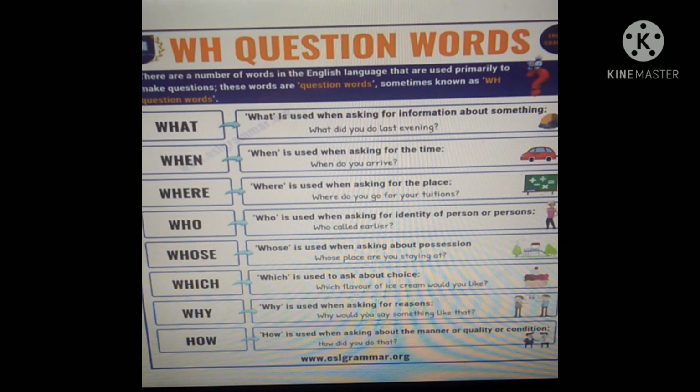Now moving further, we have WH question words. We have all studied the WH words, the words beginning with W: what, when, where, who, whose, which, why. You can have a look at the screen.